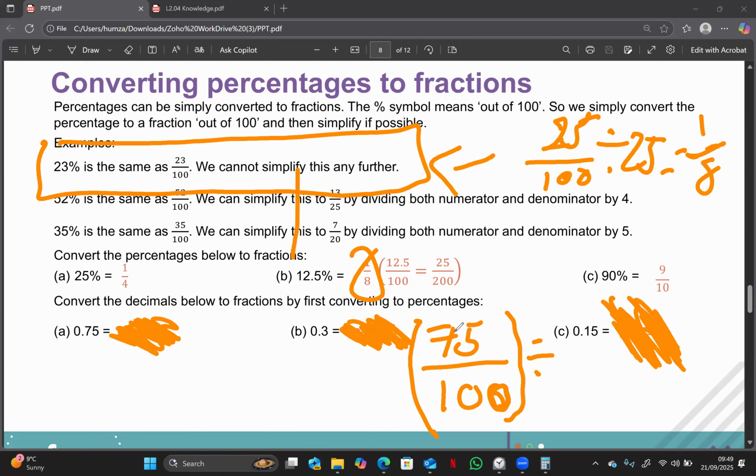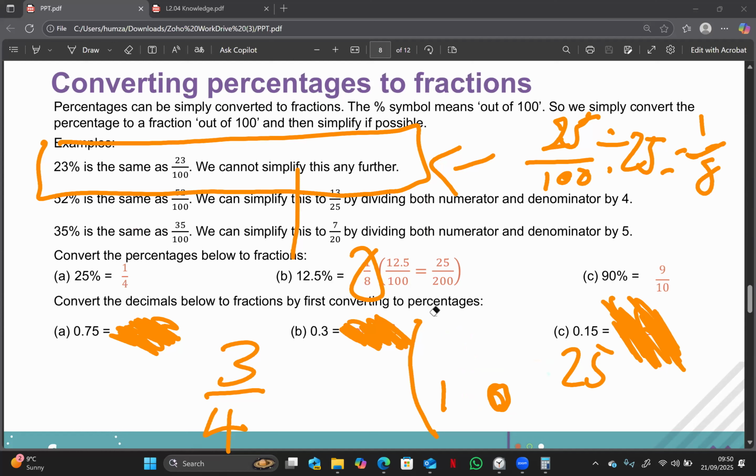So what's 75 divided by 25? It's 3. And what's 100 divided by 25? It's 4. So 3 over 4. Yes, exactly. Do you guys understand that? Perfect. So the answer here will be 3 over 4.